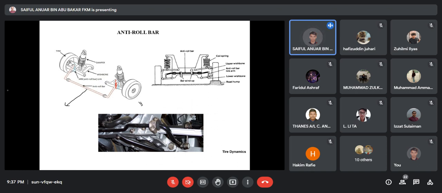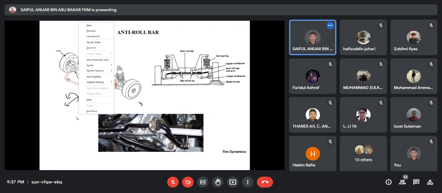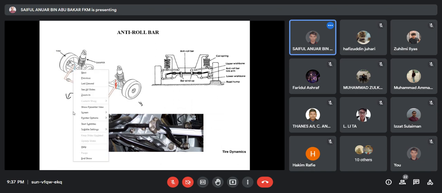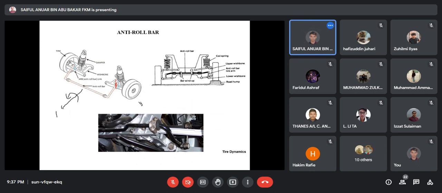Your chassis is going to roll out in that direction. When your car is moving this way, you're going to have a roll moment, you're going to roll out. To create this moment, there's a force over here and also a force over here, in this counterclockwise direction.